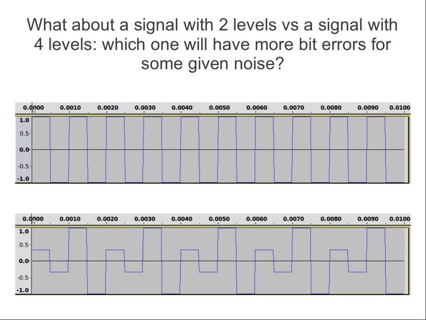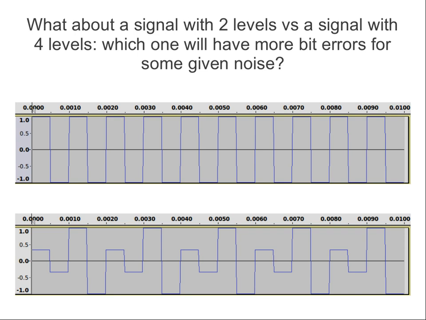But now we've made it more complex by saying that we don't have to have just two levels. That's what we've done up until now. Now we can say we can have more than two, where each level can represent more than one bit. If we have two levels, then the best we can do is one level represents bit 0, another bit 1.